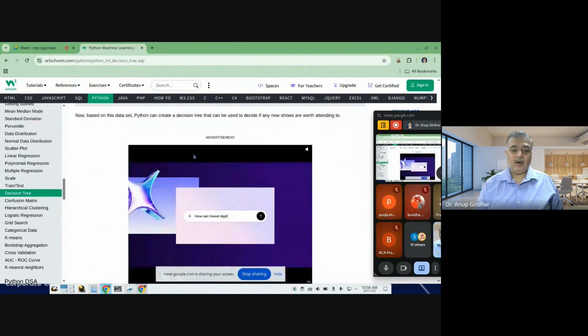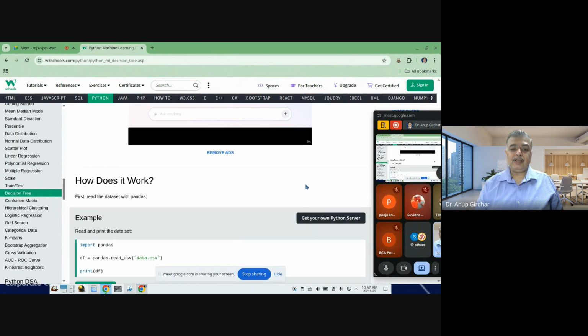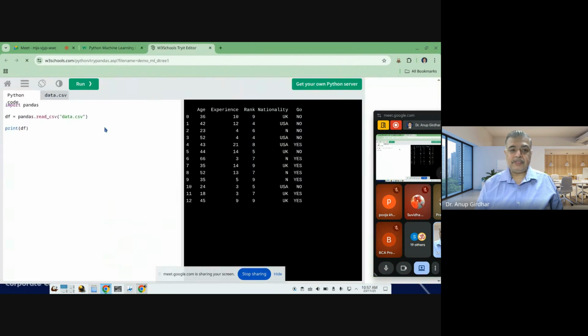Now, on that basis, what we are supposed to do, let us try to create a decision tree. So for that, first your job is to collect that CSV file using pandas and take it into your data set. So you got the data over there. You can run the example parallelly, and you can see we just ran this code.